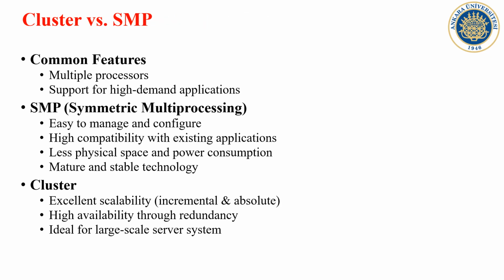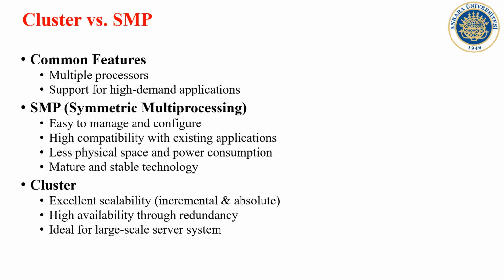Now, we will look at clusters and SMP together. Both approaches use multiple processors to support high demand applications and are widely available commercially. The main advantage of SMP systems is that they are easier to manage and configure.